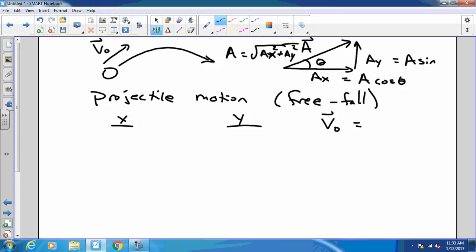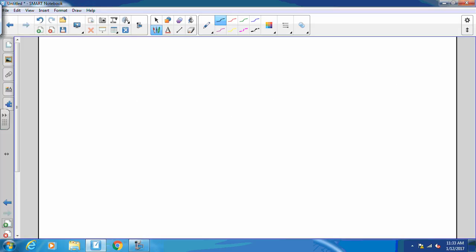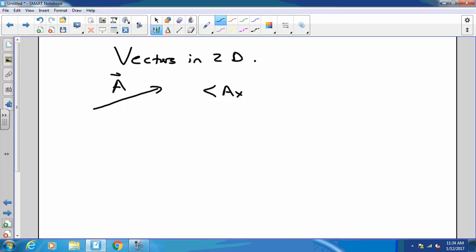Well, okay. Let's take a minute to put our projectile motion on hold and make sure that we're good with vectors, because we need to be able to do that. So here is my vector in 2 dimensions, and it has x and y components to it, ax and ay.